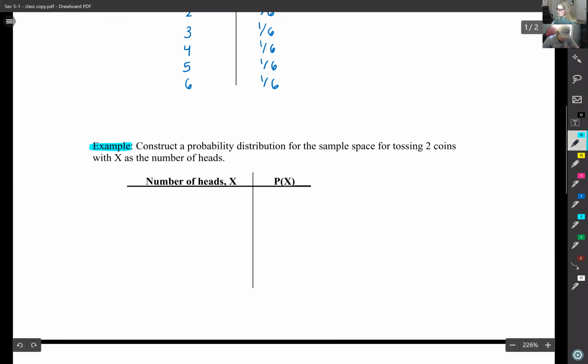So keyword: the sample space. We need to remind ourselves what the sample space is when we toss 2 coins. If you remember when we learned this at the beginning, we used a tree diagram to identify what our sample space is, so I'll just recreate that off to the side. On my first toss, I can either get heads or tails.